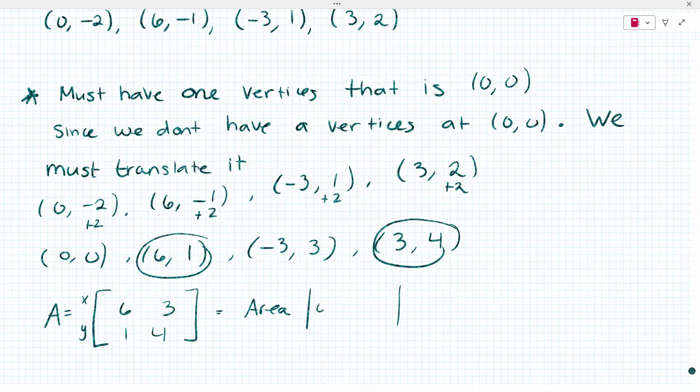It's pretty simple: 6 times 4 minus 1 times 3. 6 times 4 is 24, minus 3 is 21. The absolute value of 21 is still 21. So we just found the area of this parallelogram with the given matrices.